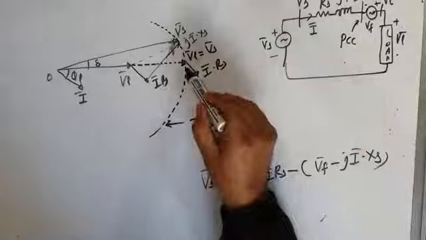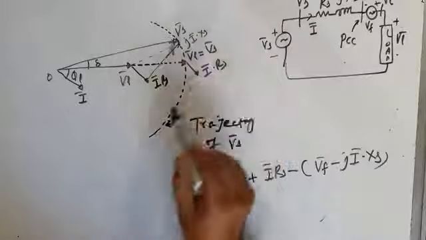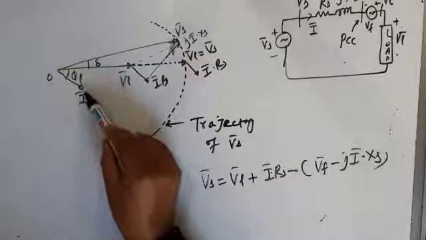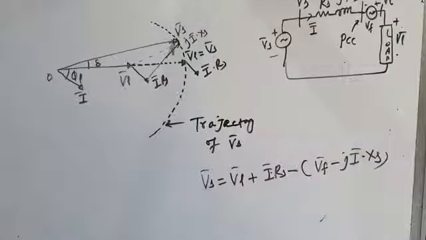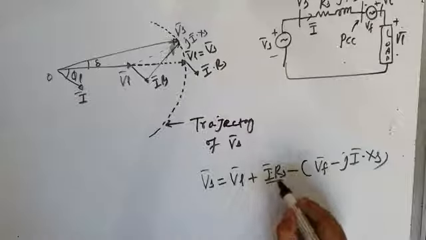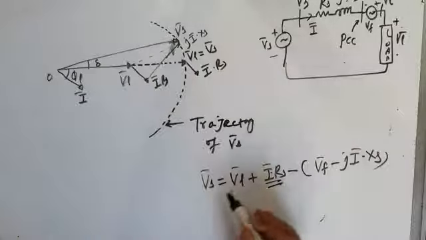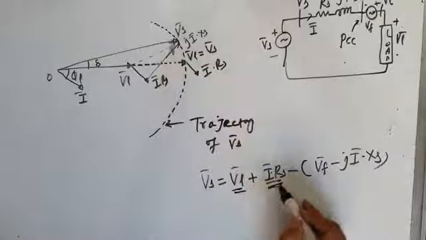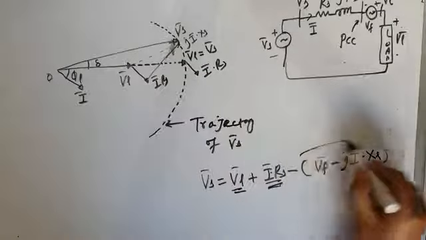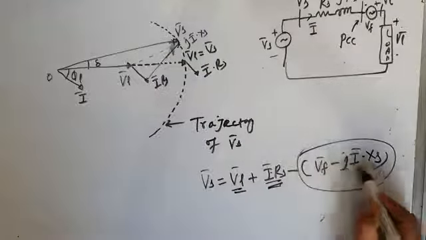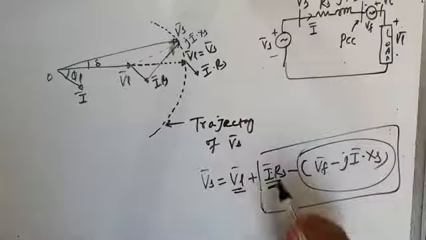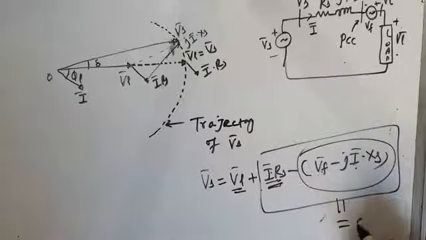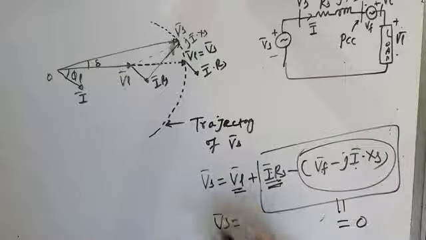But because of the resistive voltage drop, this drop I into RS comes, which is in parallel with the current phasor, because this voltage drop is in phase with the current. Okay, that is done. So this is your VL plus I into RS. From that, this will get subtracted: minus VF minus jIXS, in such a way that the sum of these two drops becomes equal to 0, and your load voltage is the same as source voltage.